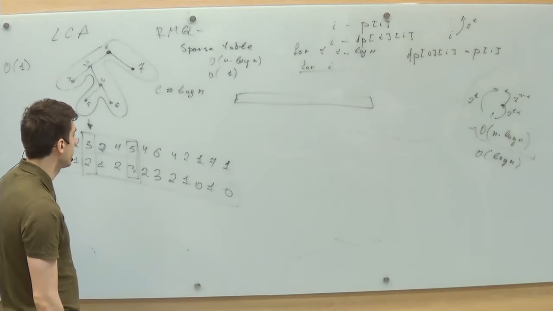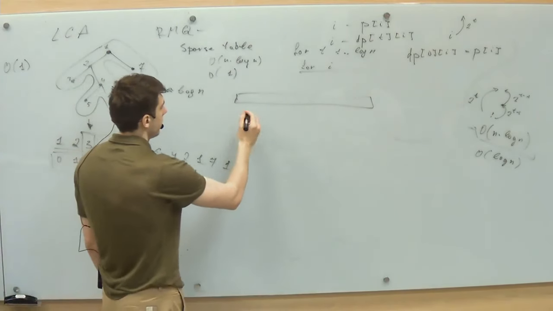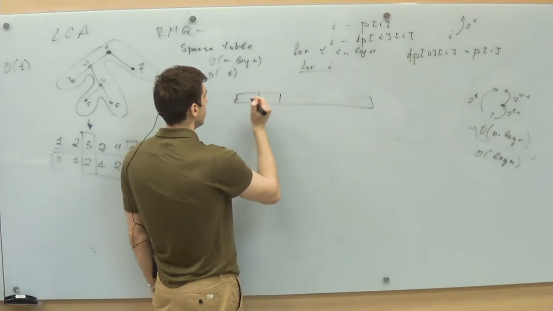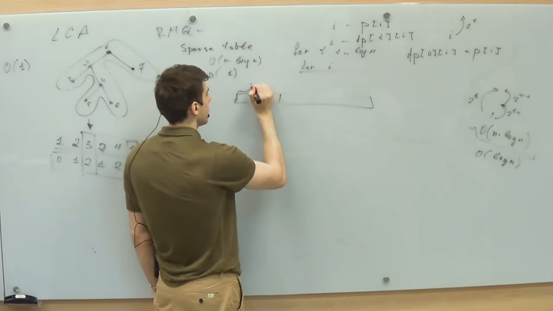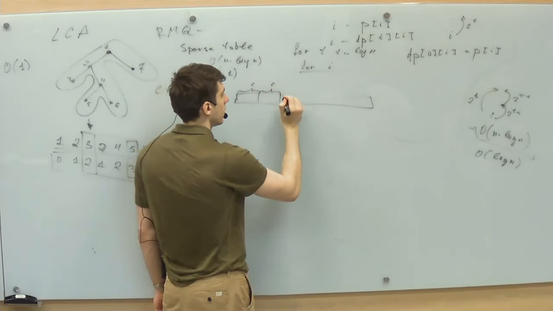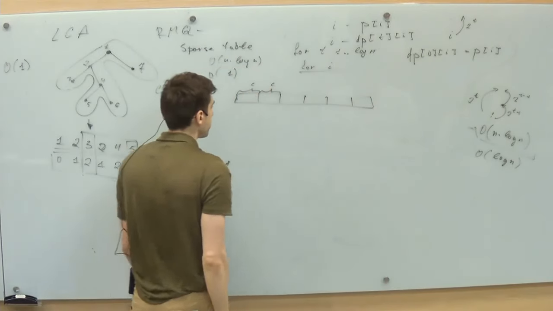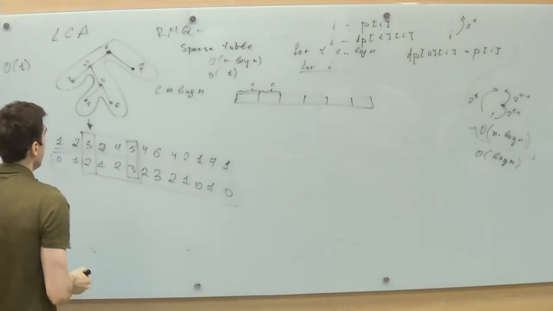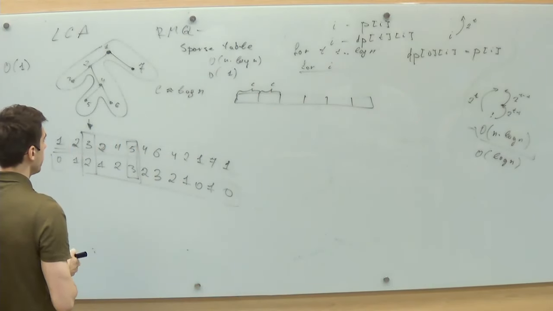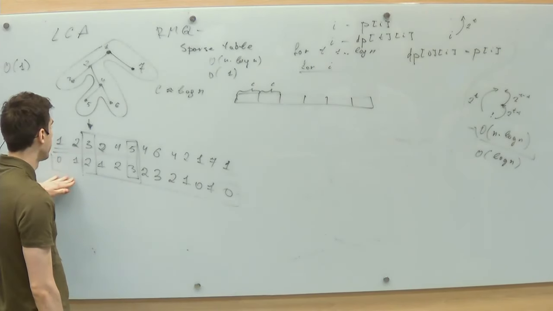After that, we will split our list into blocks of this size C. What is interesting to notice about this array?